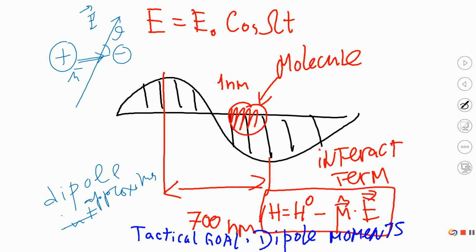But at this instant, I was asking only about a static electric field. In a static electric field, it just rotates and aligns with the electric field. But now, if you start oscillating the electric field, it will start aligning one way or another way, right?